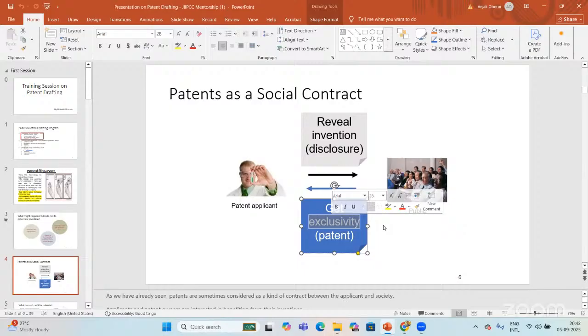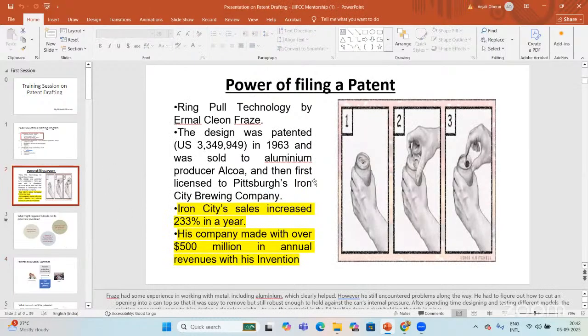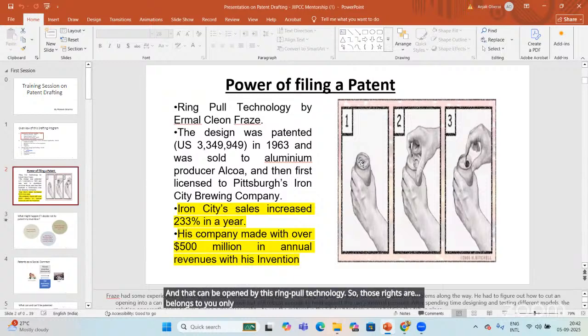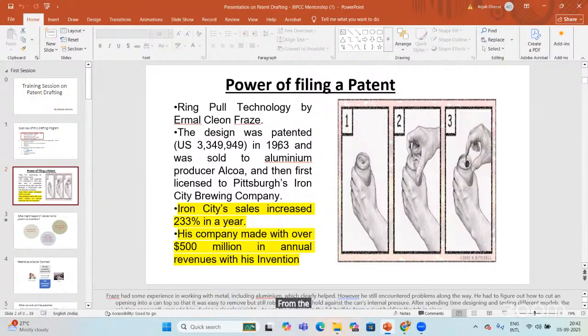This is a negative definition, to exclude others. Considering the same example, if you have been given rights to produce a similar soda can or beer can that can be opened by this ring pull technology, those rights belong to you only for the next 20 years from the date you get a patent.